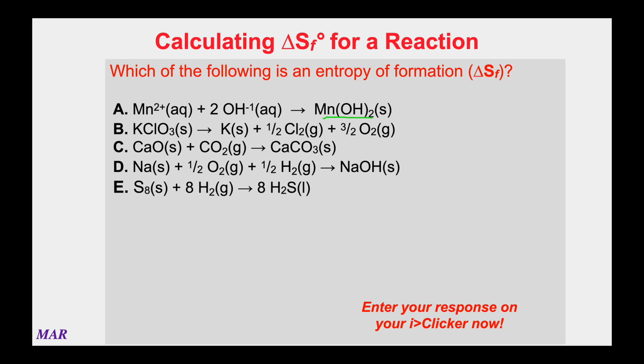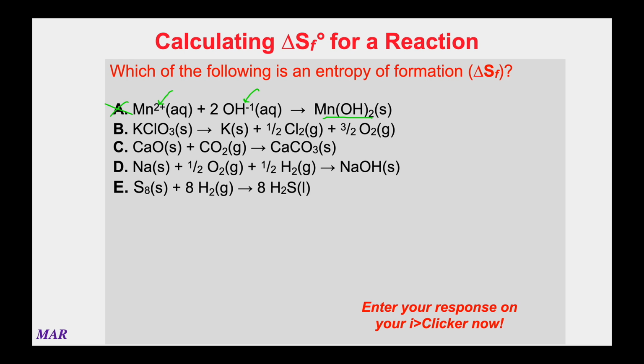That's cool. However, hydroxide nor manganese 2 plus are reactants as elements in their standard states. It's not manganese metal and oxygen gas and hydrogen gas, which would be the elemental versions. So A is not a formation reaction.